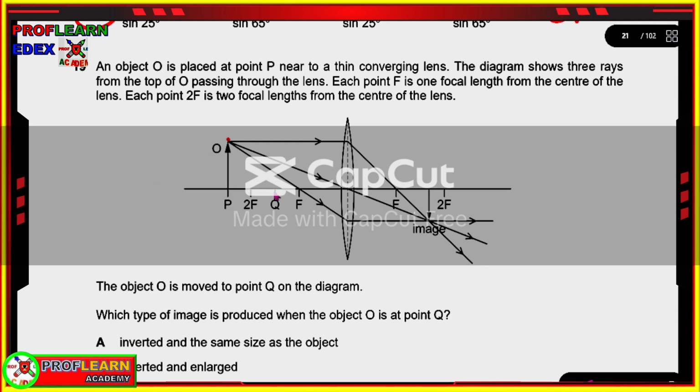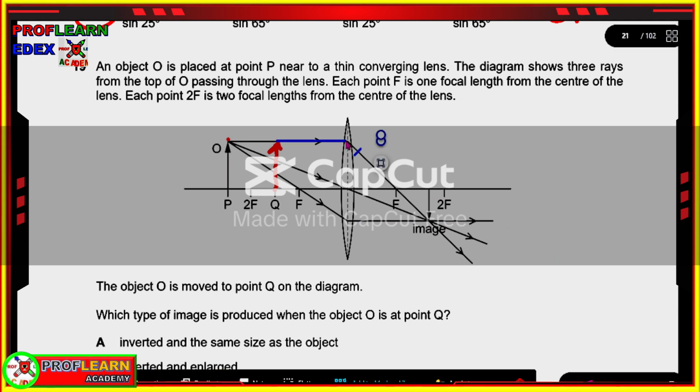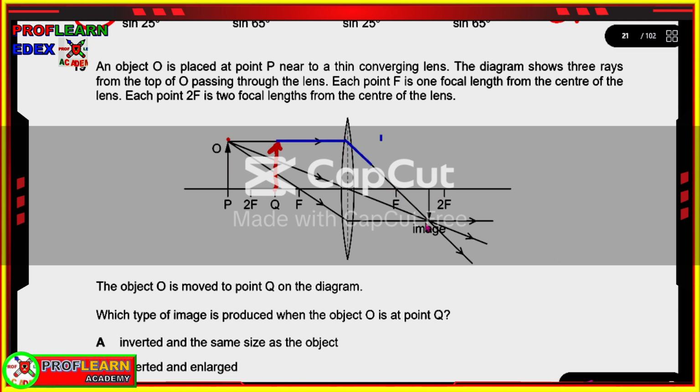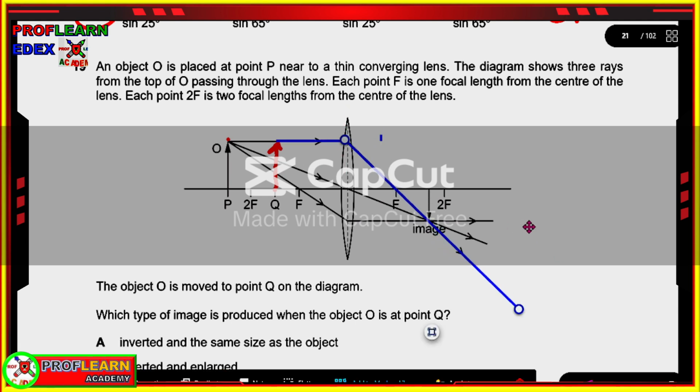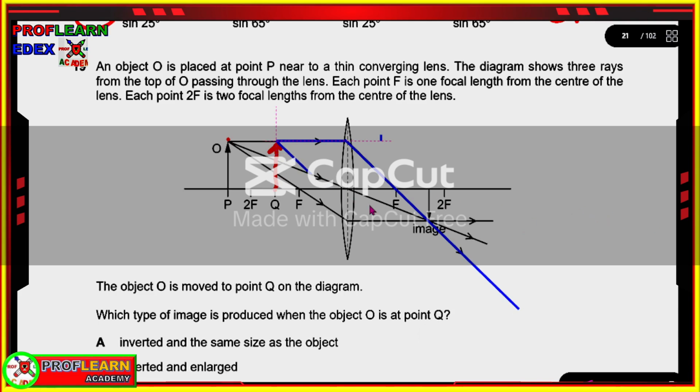So first, what I'll do, I'll come and draw my object at this given point. The ray will pass parallel to the principal axis, and it will pass through F like that. The second line that can be used to draw this image is a line running from the object through the center of the lens like that. You can see the two rays meeting somewhere here, so the image will be formed here.